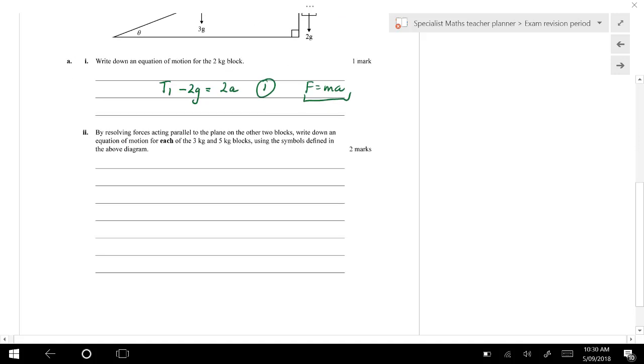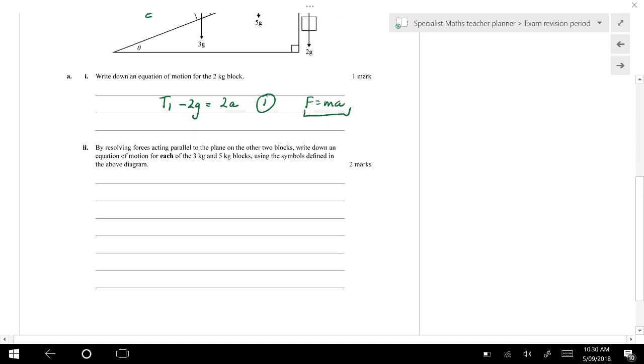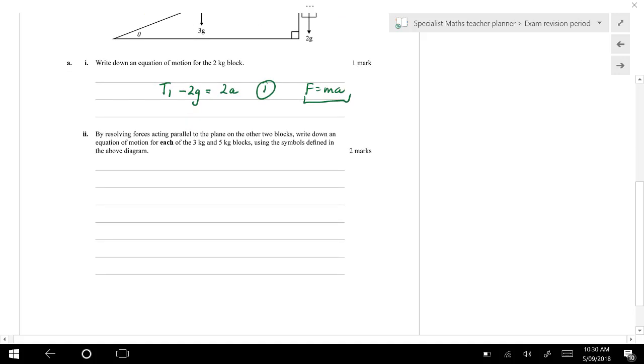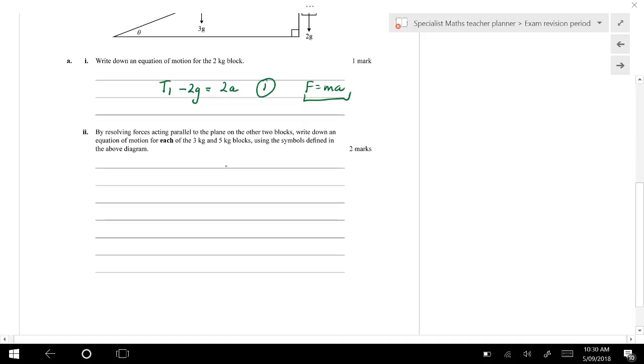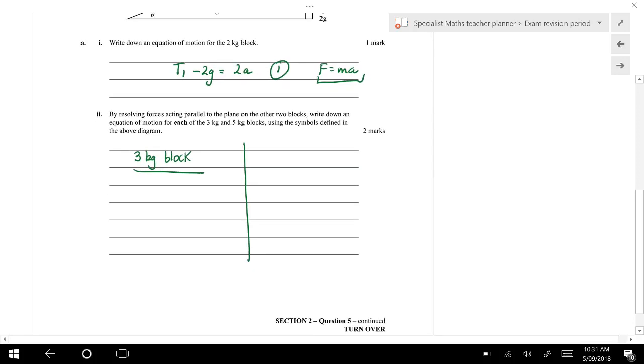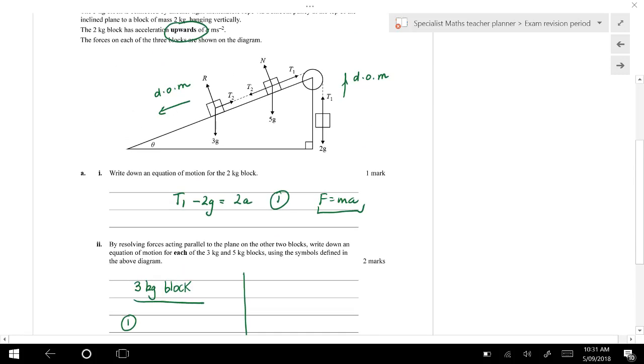You move on. By resolving the forces each acting parallel to the plane on the other two blocks, write down an equation of motion for each. Well, 2 marks, don't have to go too crazy, but first of all, make sure you say, okay, 3 kilogram block, underline. I'm going to call this equation 1 because we might need it for later, and that is, be careful.